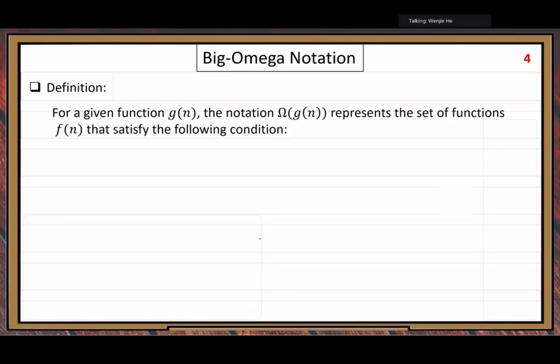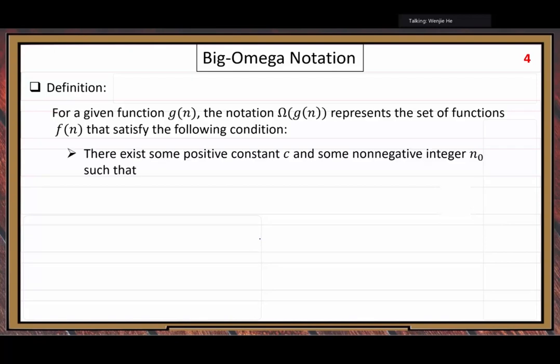It's still a set, so everything is the same as our previous definition, but the only place that is different is this inequality. Here we use c multiple of g function as the lower bound of f function. So we change from upper bound to lower bound. Upper bound for big O notation, lower bound for big omega notation. That's simple. Everything else is the same.